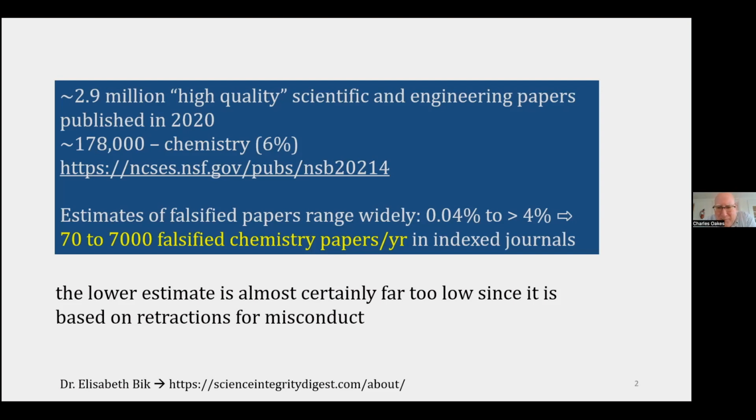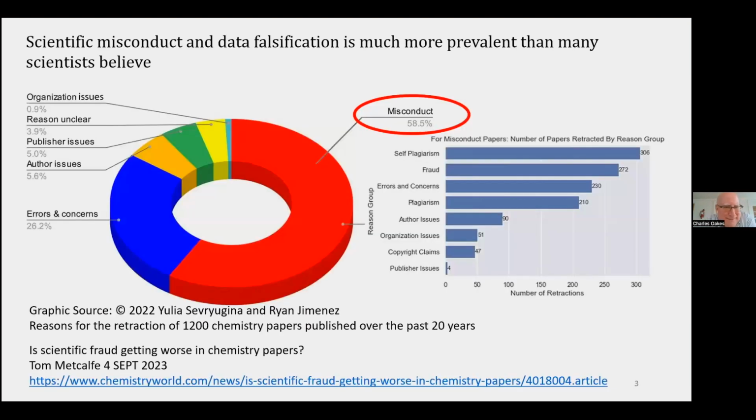And I don't think biologists are any more dishonest or honest relative to the chemistry community. So I've taken that 4% and shifted it back over to chemistry. And if you do that, somewhere in the neighborhood of 7,000 papers a year in chemistry are basically fraudulent. It's a lot of papers.